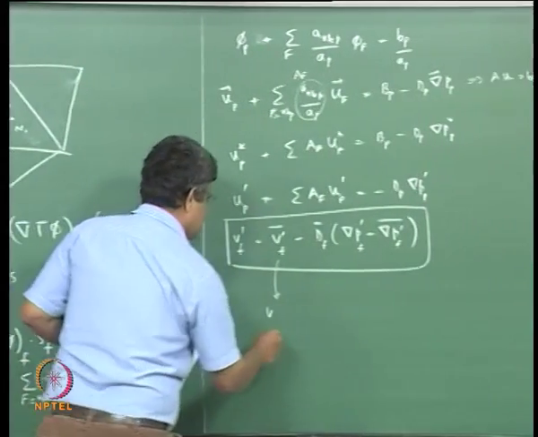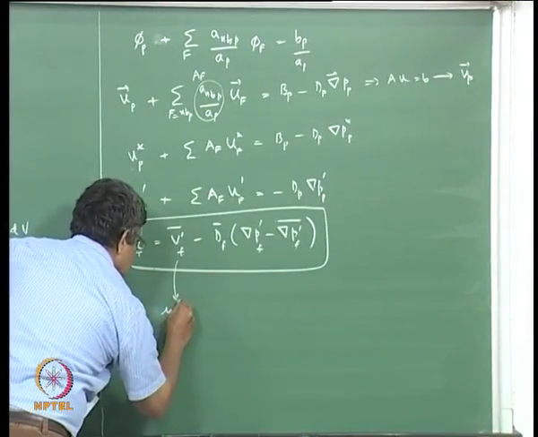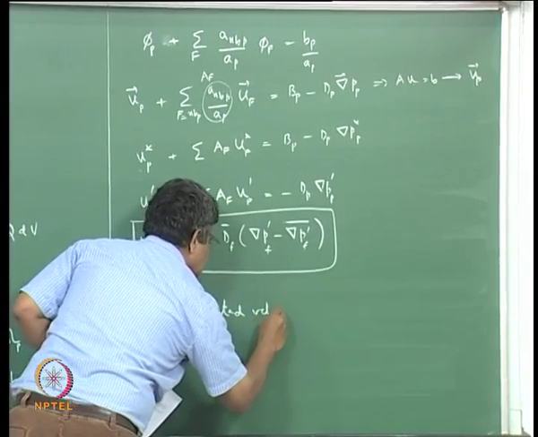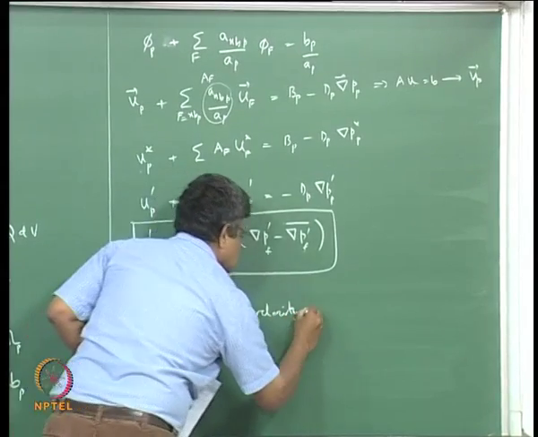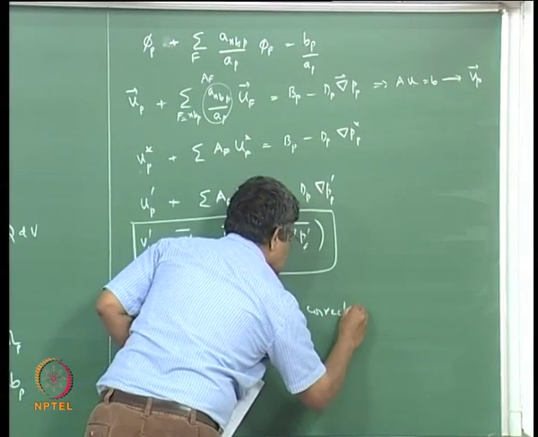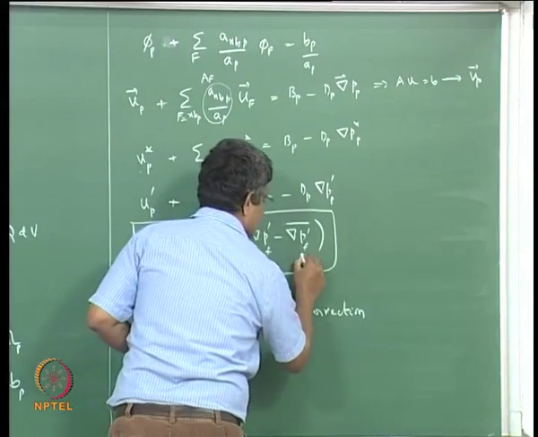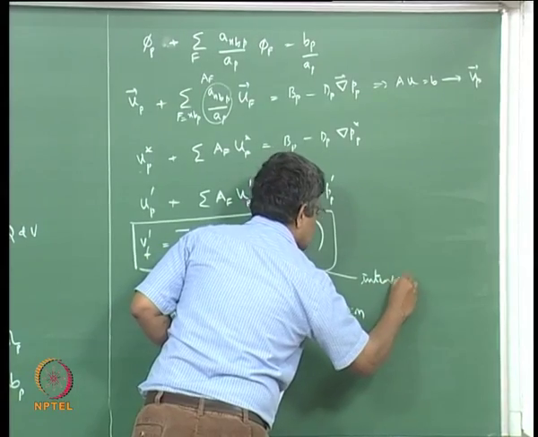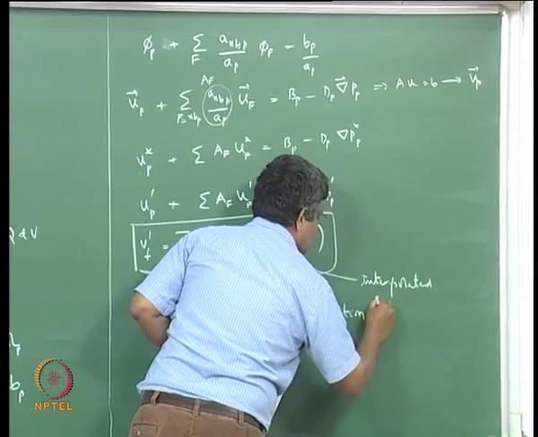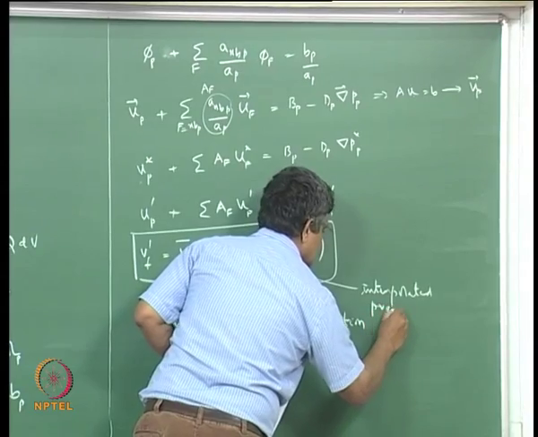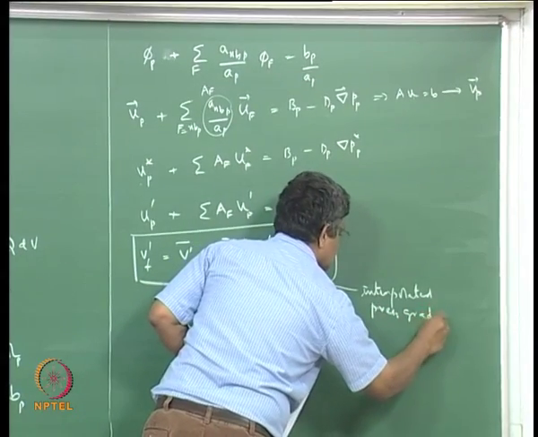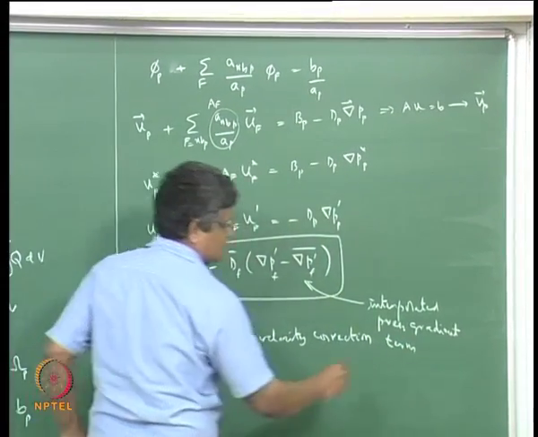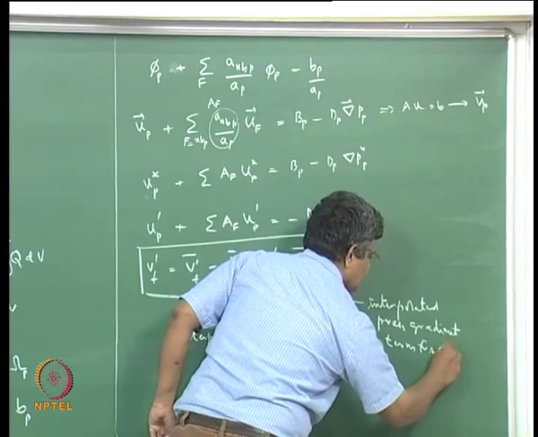So this is the interpolated velocity, and this is the interpolated pressure gradient term, from P and F.